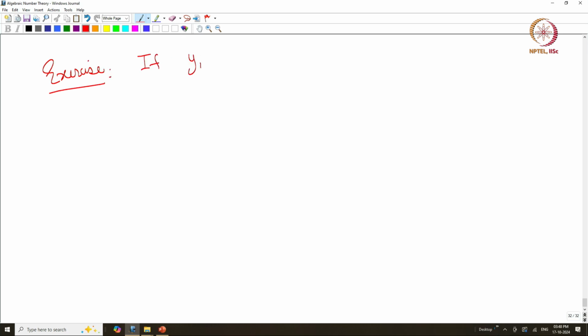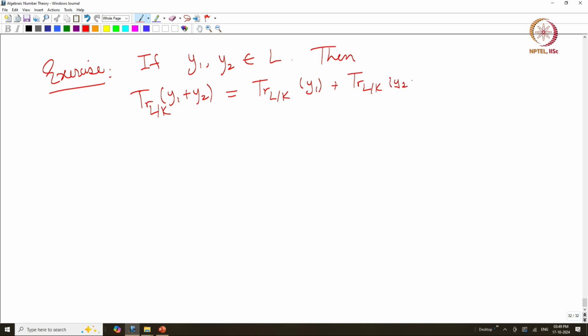If y1 and y2 are two elements in L, then prove that the trace from L to K of y1 plus y2 is the same as the trace from L to K of y1 plus the trace from L to K of y2, and the norm from L to K of y1 times y2 is the product of the individual norms.